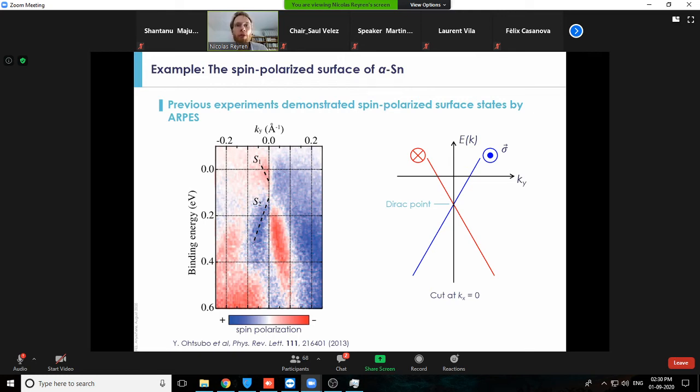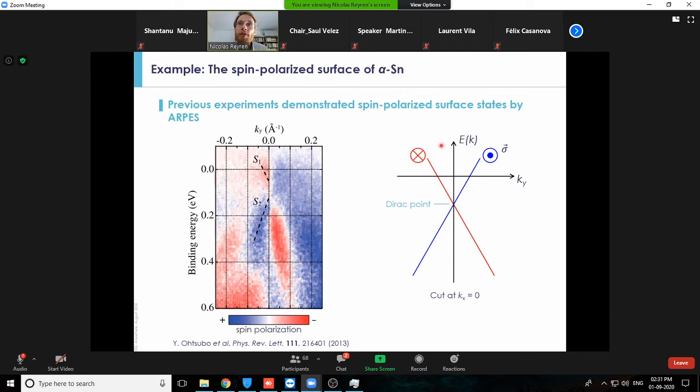This is an example of what has been obtained in the alpha-tin system at the Cassiopée beamline by Otsubo and co-workers. The color code shows the spin polarization, and you see such a conical dispersion with two branches with opposite spins.